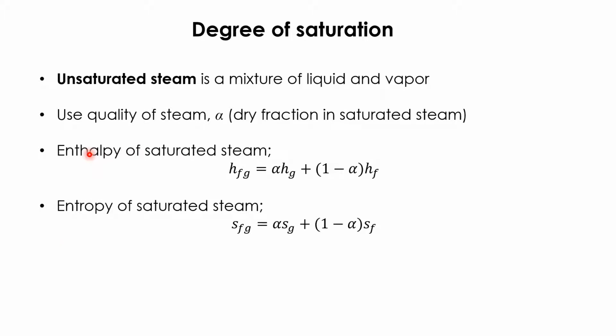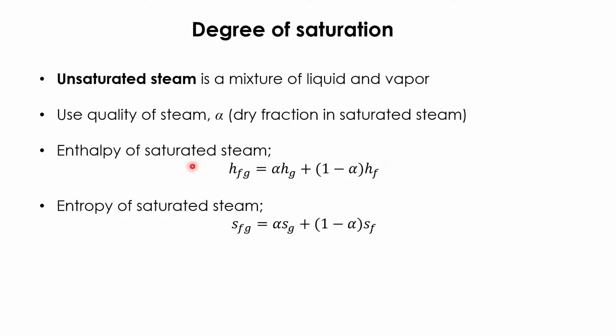In this case, the enthalpy of the mixture of fluid and gas, where fluid here is liquid water, is equal to alpha, the fraction of the steam, multiplied by the enthalpy of the saturated steam, plus 1 minus alpha times the enthalpy of the saturated fluid at a given temperature and pressure.